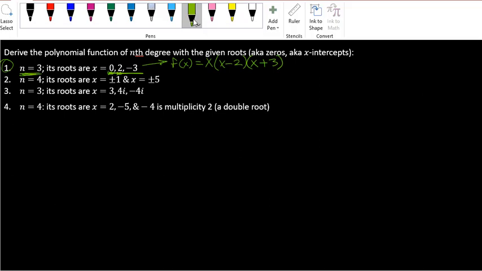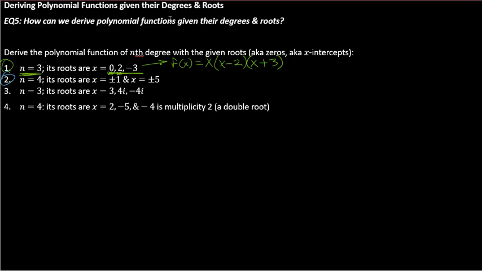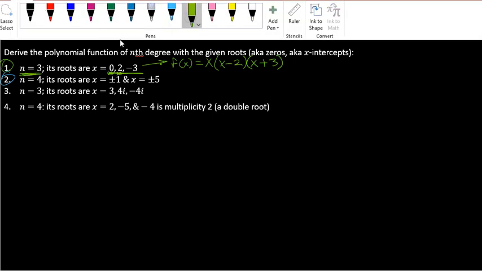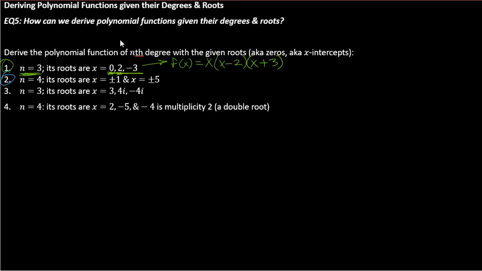Okay, so let's look at the next example, number 2. And actually, here, let's go ahead and multiply this out, because this is what I'm going to expect you to do in your homework anyway. So what we would do, distribute the x, so x squared minus 2x. Then we're going to FOIL what's left.